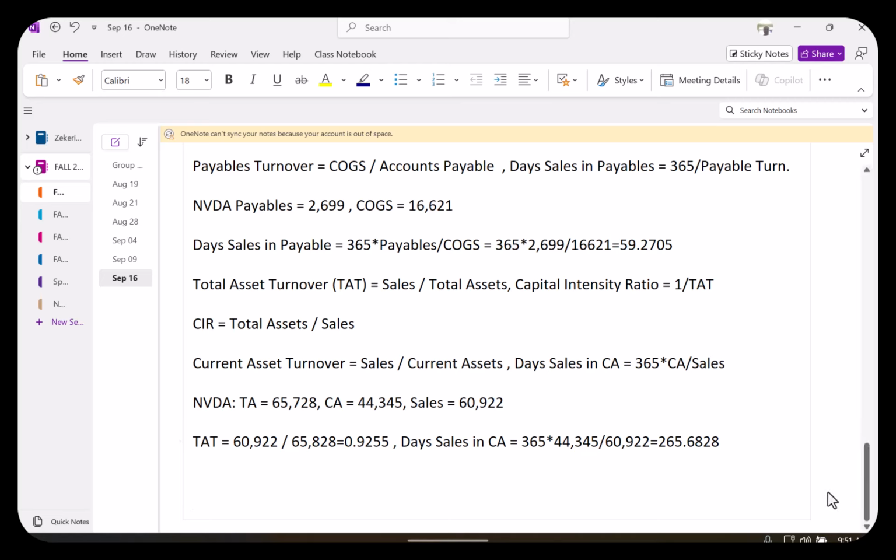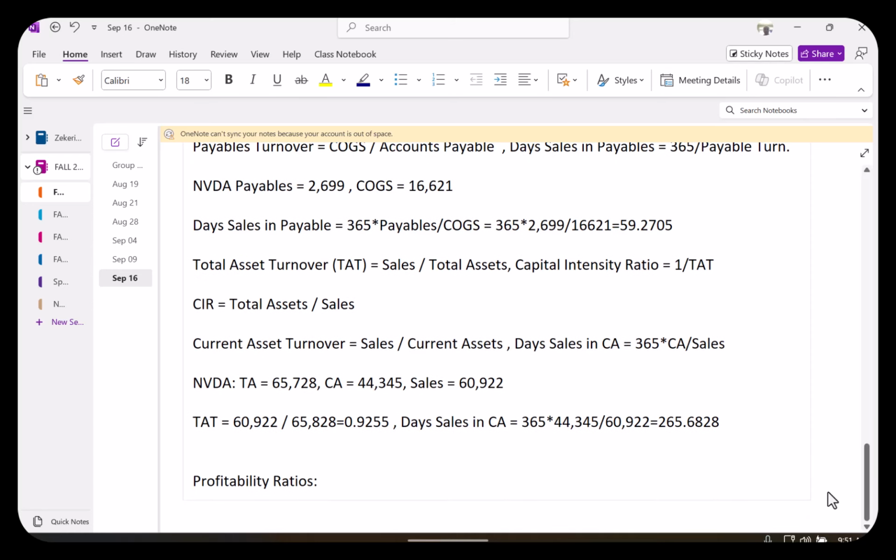Now let's look at profitability ratios. We're going to look at three of them: profit margin, PM, return on assets, ROA, and return on equity, ROE.